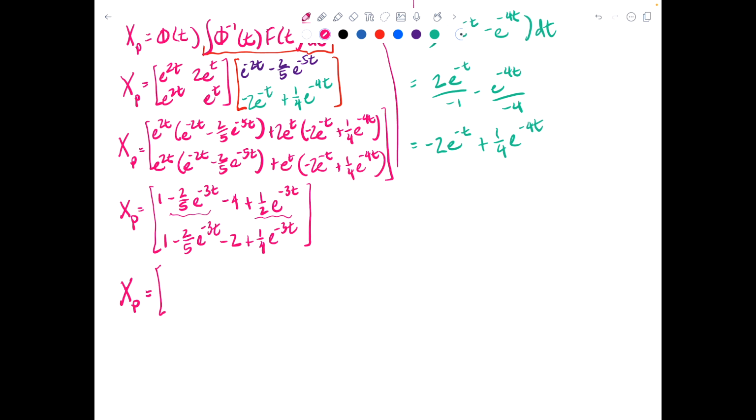And so we'd have negative 4/10 plus 5/10 is positive 1/10 e to the negative 3t minus 3. Same with the bottom, except the common denominator is 20. So we'd have negative 8/20 plus 5/20. So we'll get negative 3/20 e to the negative 3t minus 1.